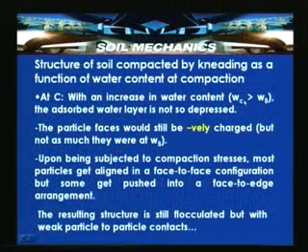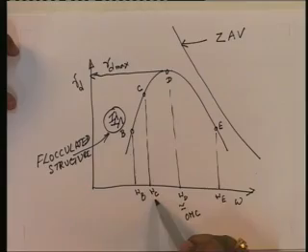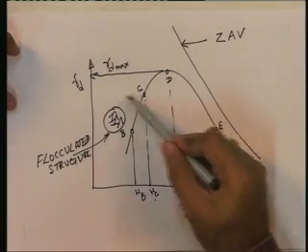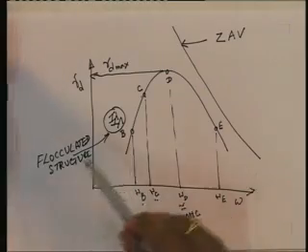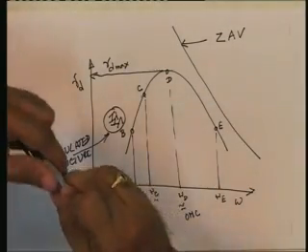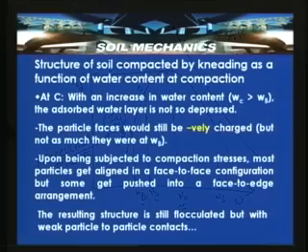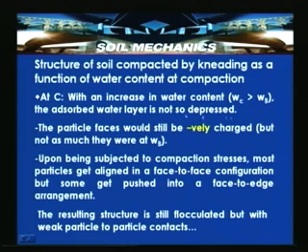What still remains is that with an increase in water content, that is Wc greater than Wb, where Wc is the water content at point C and this is the density corresponding to that point, the adsorbed water layer is not so depressed.